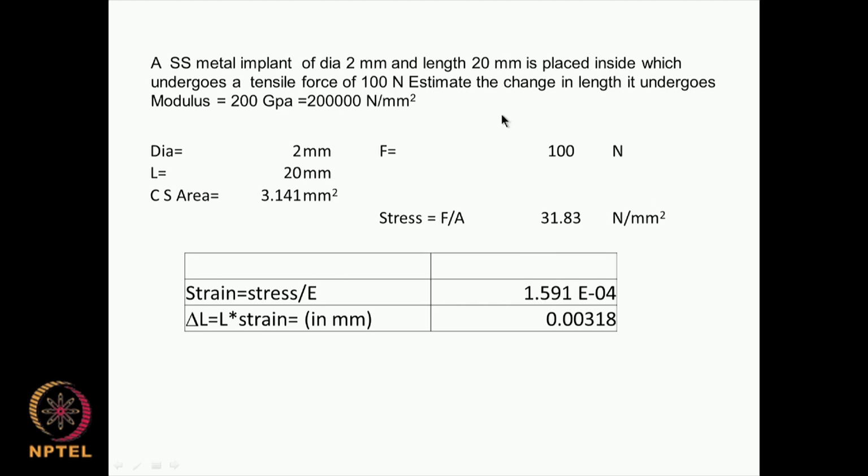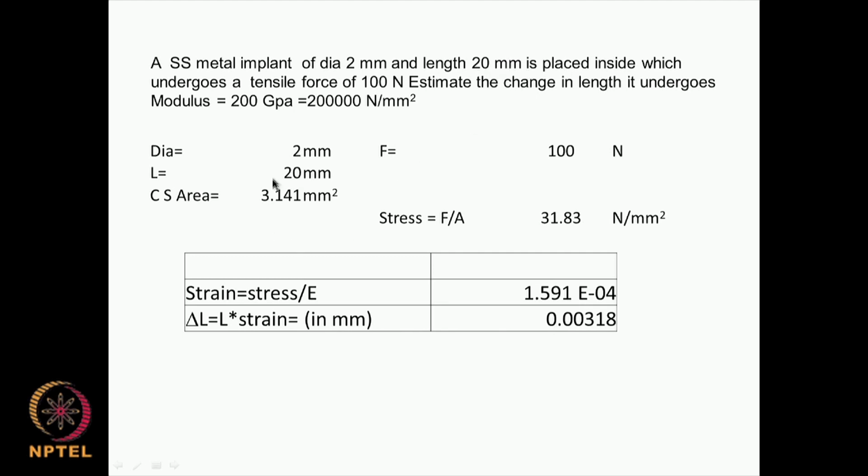So, 200 gigapascal is 200,000. So, that comes to 1.59 10 power minus 4. Now, elongation delta L is equal to original length into strain. So, strain is this, original length is 20 mm. So, multiplied by 20, this will be in millimeter because the original length is in millimeter.